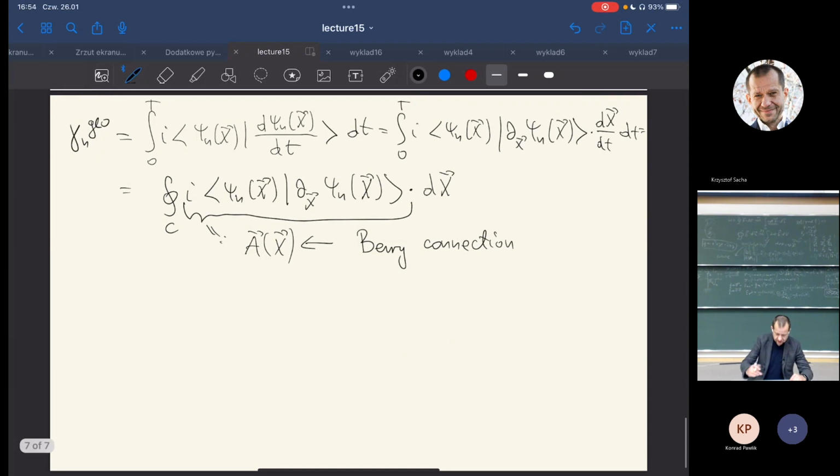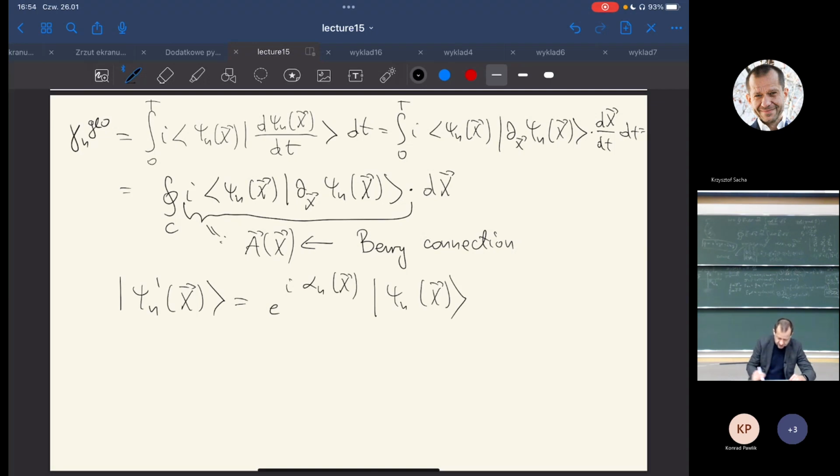It means that when we consider a state of the system for a fixed value of the parameters, we can always change the global phase of this state, and we can define another state which is exactly equivalent to the state before the transformation.